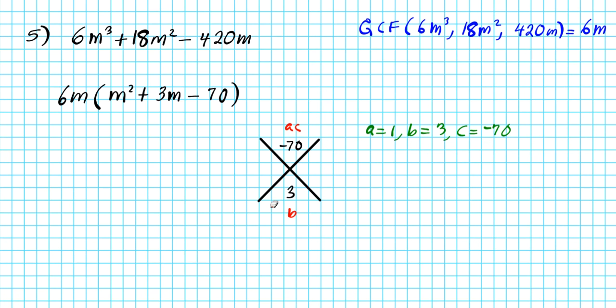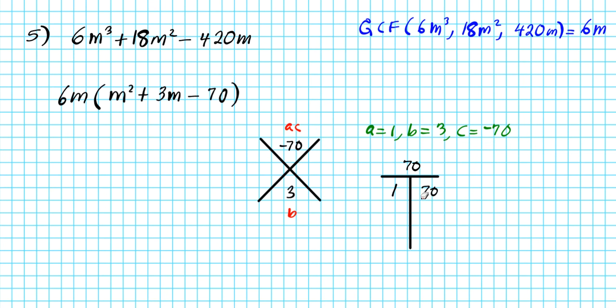Now we'll ask ourselves, what two numbers multiply to give negative 70 and add to give you 3? Let's play the x game again. The desired product is 70. Let's ignore the sign for now. Just focus on the products. Now let's write down the pairs of numbers that multiply to give you 70. We have 1 times 70.